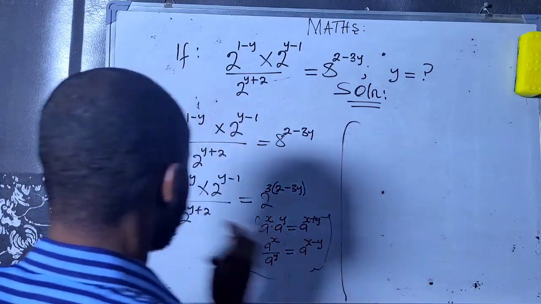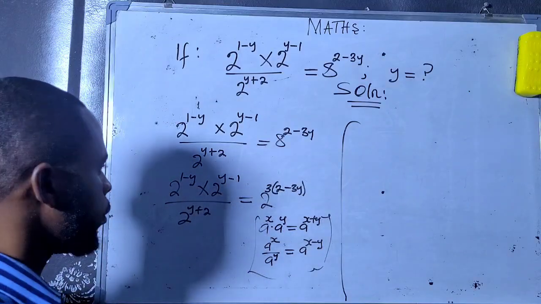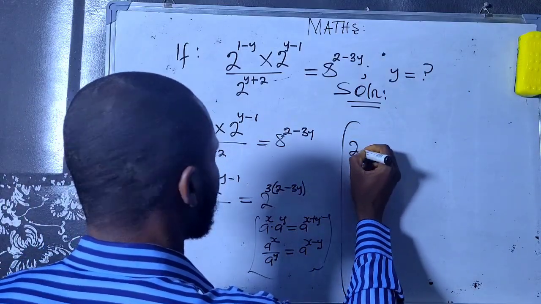In the numerator, you are going to pick one of the bases and we add the powers.